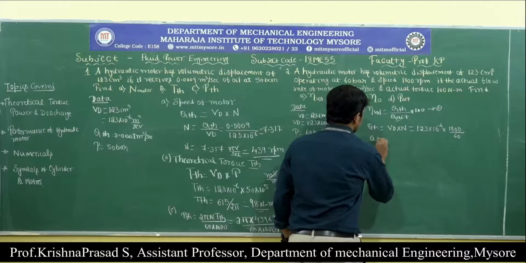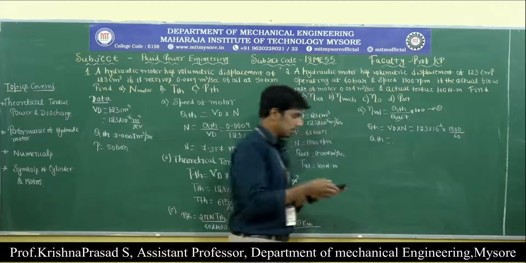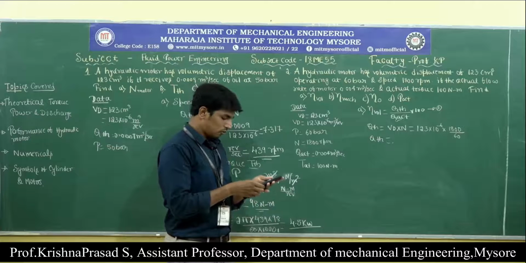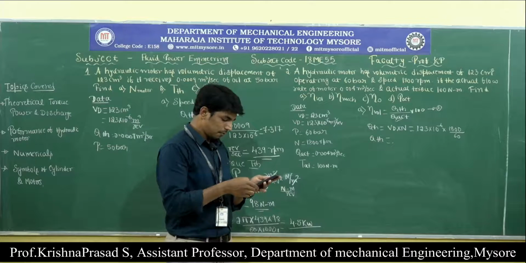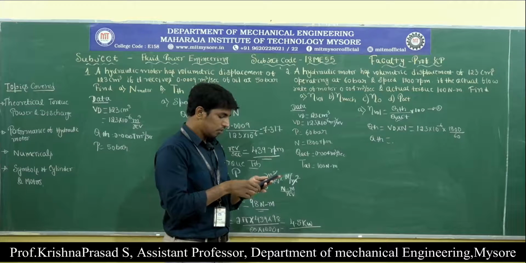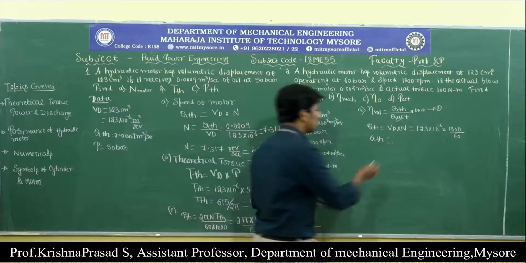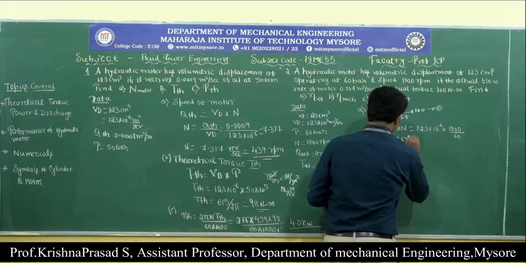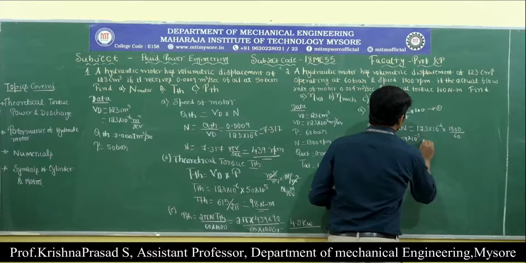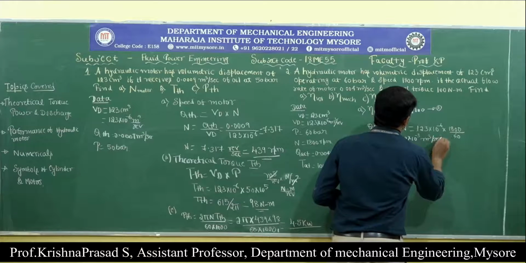So then theoretical discharge is equal to 123 into 10 to the power of minus 6 into 1800 divided by 60, that will be equal to 3.69 into 10 to the power of minus 3 meter cube per second.